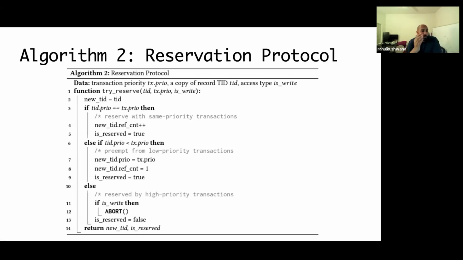If this is a higher priority transaction, then we reset the reference count to 1 and basically preempt it from the lower priority transaction, right? Because we are resetting the priority field. We are also saying the reference count is 1 and the result is true, right? Otherwise, if it's a write and if it's a lower priority transaction, then I should not be able to proceed. I should not be able to reserve it. Hence, I need to abort the transaction.